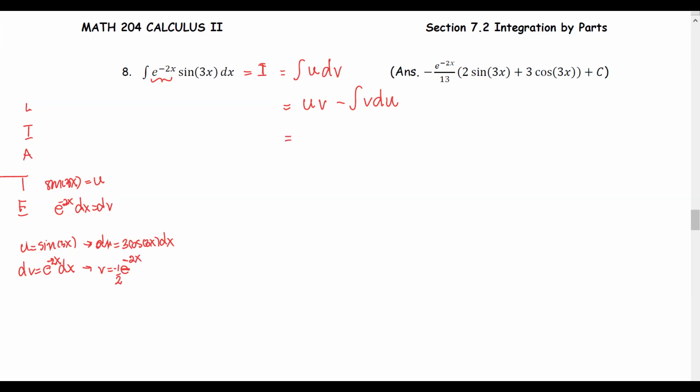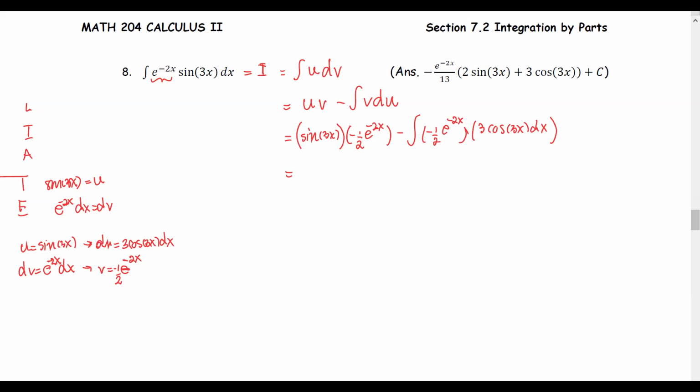Substitute in the bypass formula. The u is the sine of 3x multiplied by the v, which is negative 1/2 e to the negative 2x, minus the integral of v, which is negative 1/2 e to the negative 2x, times du, which is 3 times cosine of 3x dx.